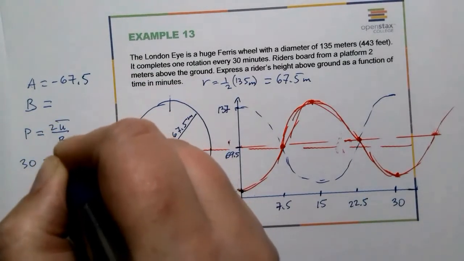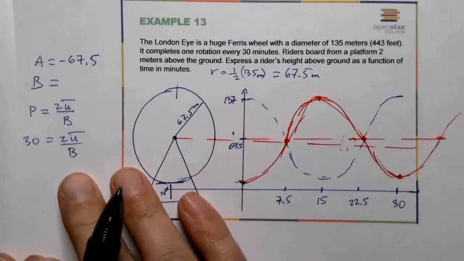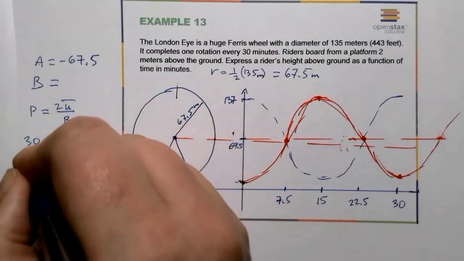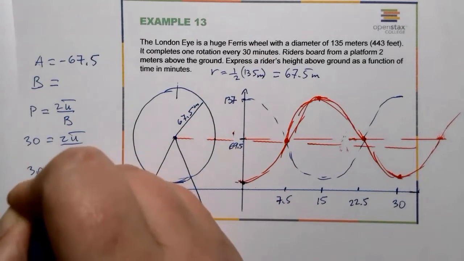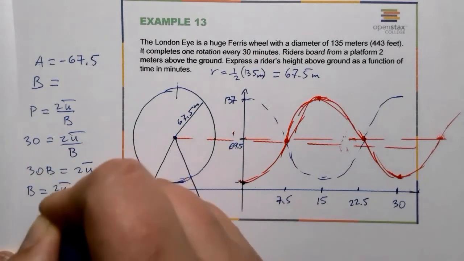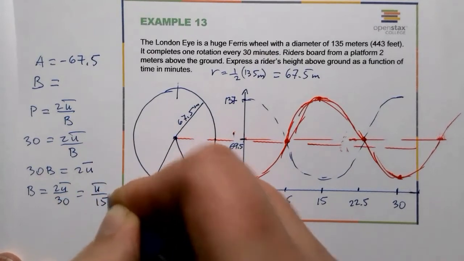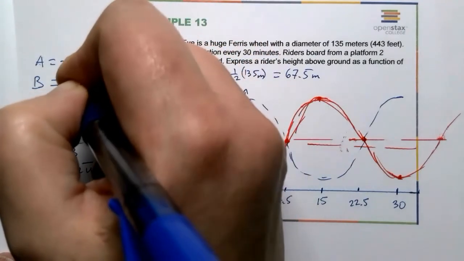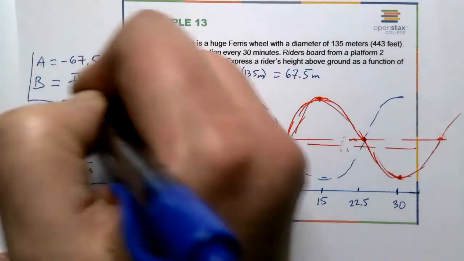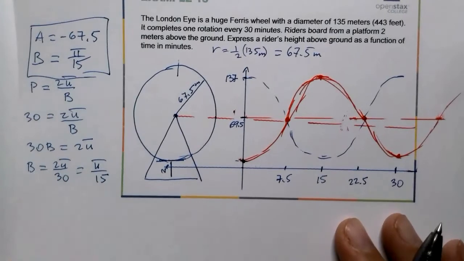So it's 2 pi over B. And from this, we can find B. Multiplying both sides by B, we get 30B equals 2 pi. So B is 2 pi divided by 30, or pi divided by 15. So from this, we know that B is pi over 15. So right here, I have two of my parameters that I will be plugging in.